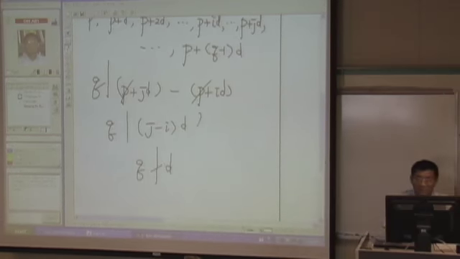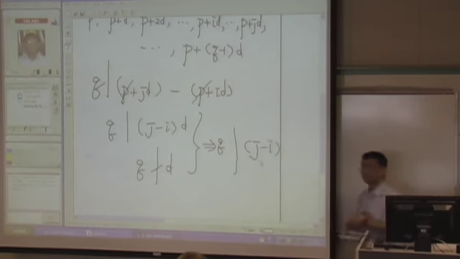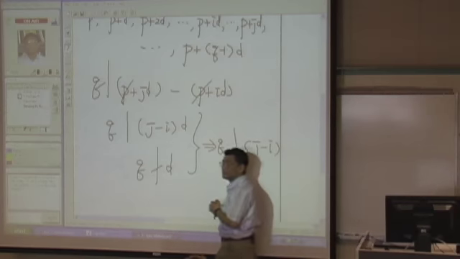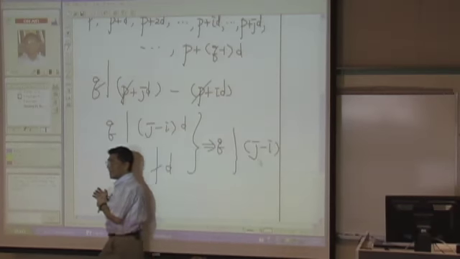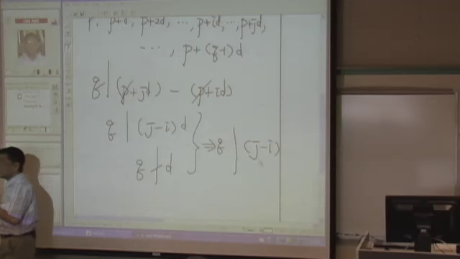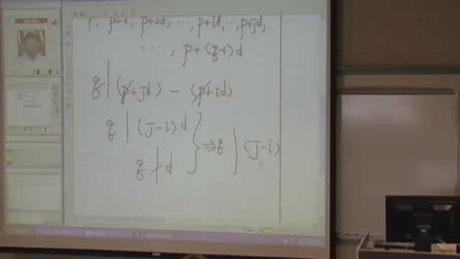Because of these two facts, q divides j minus i. In other words, j minus i is divided by q, meaning j minus i is either 0 or greater than or equal to q. Do you follow me?